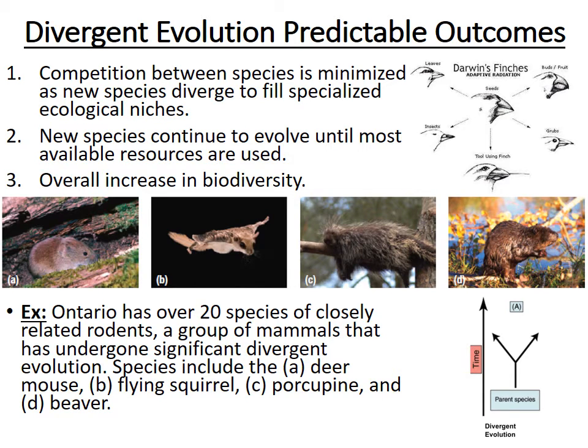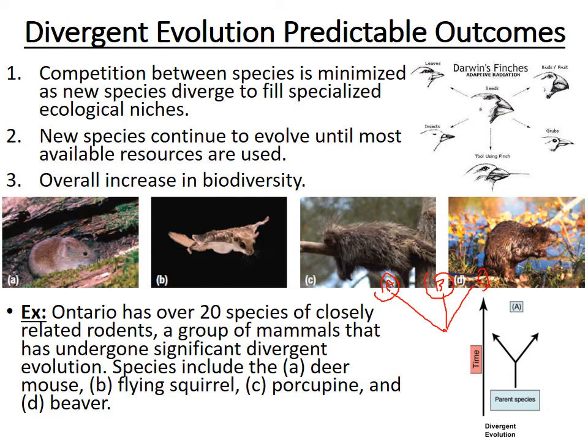So with divergent evolution, there's a few predictable outcomes that you can make. Because the ancestral species diverges into many different forms, those different forms will live in different areas. So A might live in a different area from B, which might live in a different area from C. And since they live in different areas, that will reduce competition in those environments.